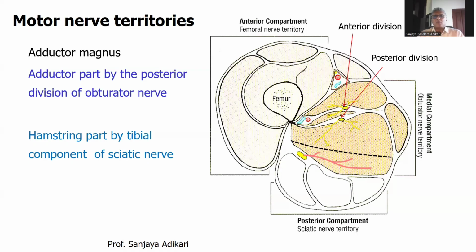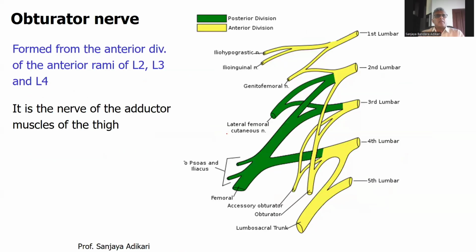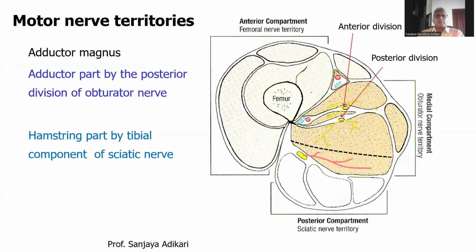Then the posterior half or the hamstring half of the adductor magnus is supplied by the tibial component of the sciatic nerve. Okay, that is the common nerve for the posterior compartment muscles. Then the anterior compartment muscles are supplied by the femoral nerve. Okay, femoral nerve. It's not mentioned here. Okay, it's mentioned here. Femoral nerve. Okay.